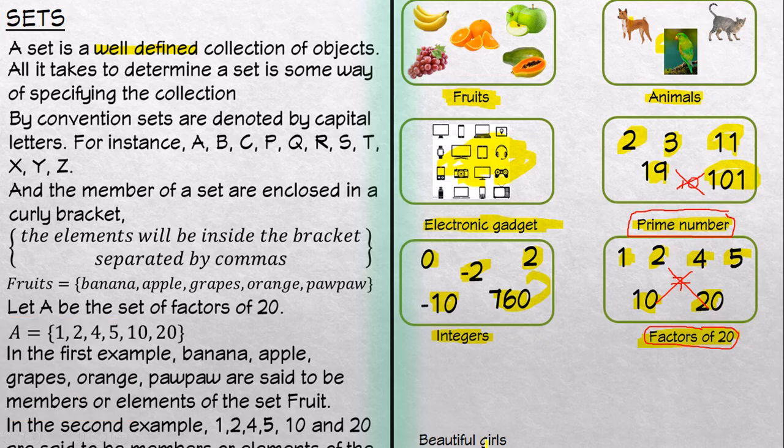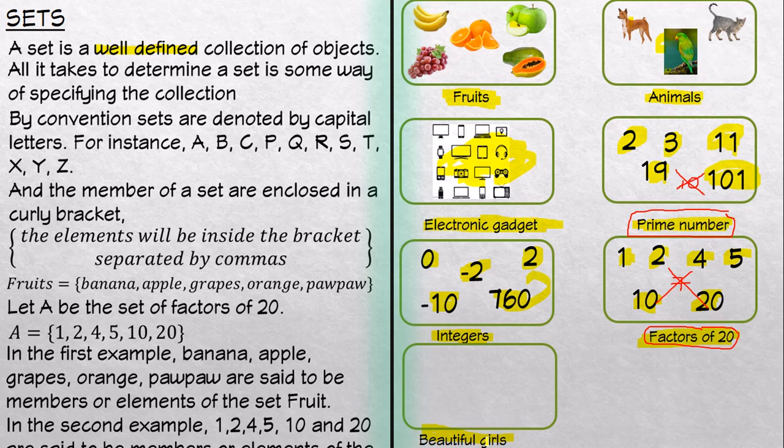But we can also look at this over here, the set of beautiful girls. We cannot tell the elements that we are supposed to have in this set because beauty is something that different people define in different ways. Someone might be beautiful to me, but to you the person might not be beautiful. People believe that beauty is shown by a person's attitude, or they have other ways by which they define beauty.